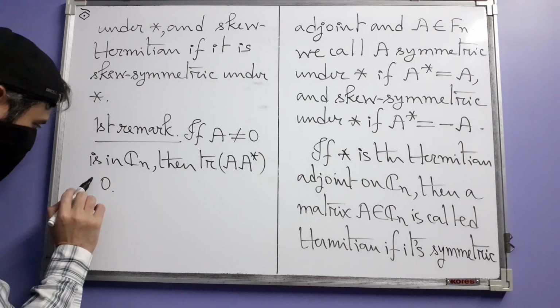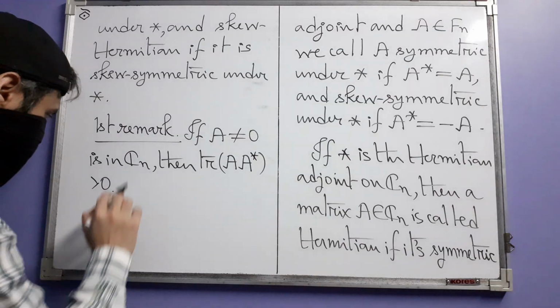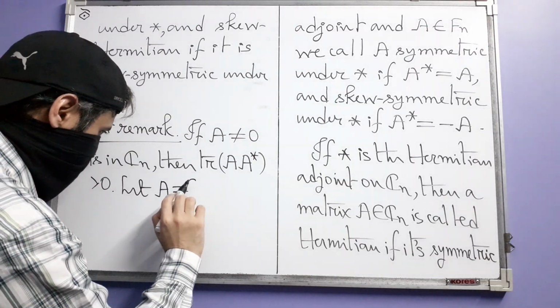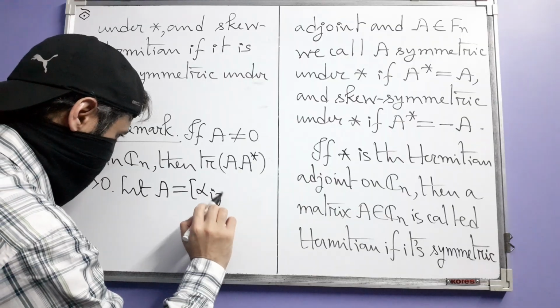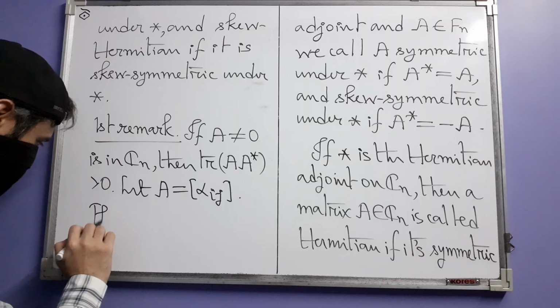It's in fact an exercise at the end of this section, but let us see it now itself. Let A have this general entry alpha ij. Then we know what A star is.